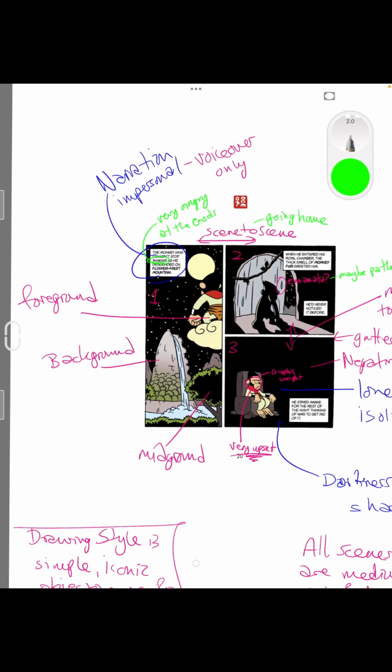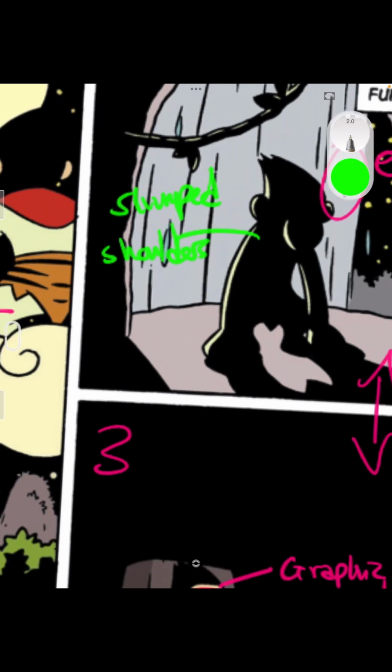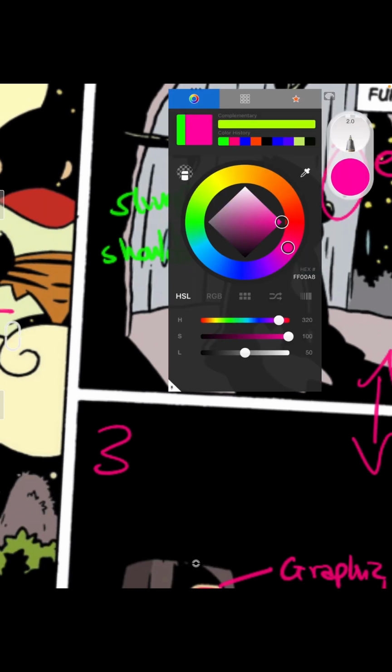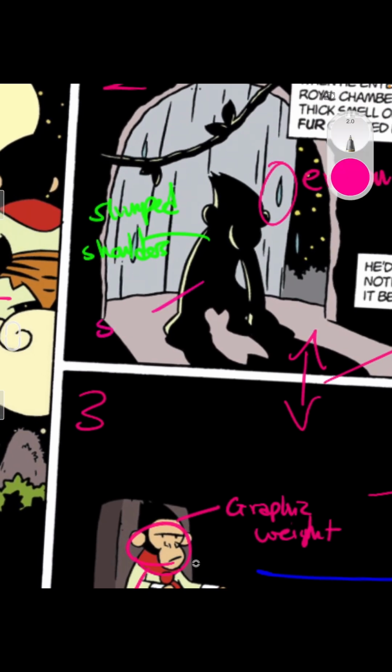Let's see. Now the focus here, I didn't really identify this earlier, but I think the idea of slumped shoulders, and I should have done this in pink. So I'm going to just quickly go back and keep my system up here.